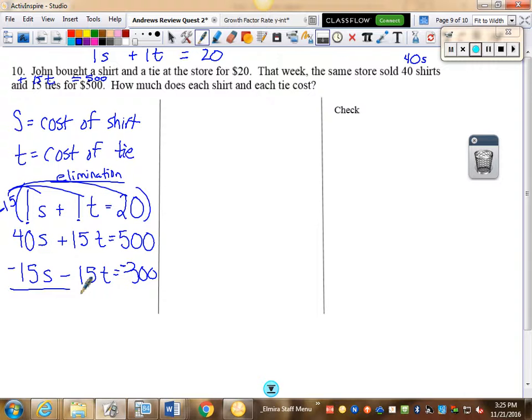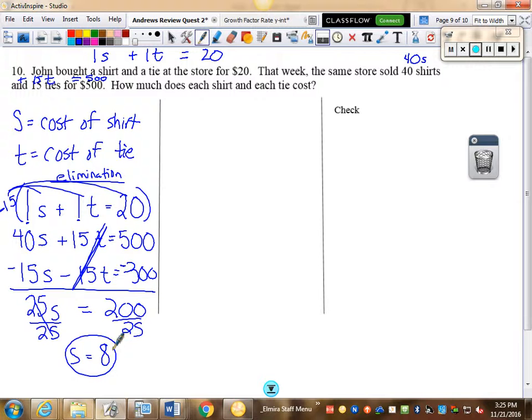And I get 25s. Those cross off. That was the point. Equals 200. So the cost of a shirt is $8.